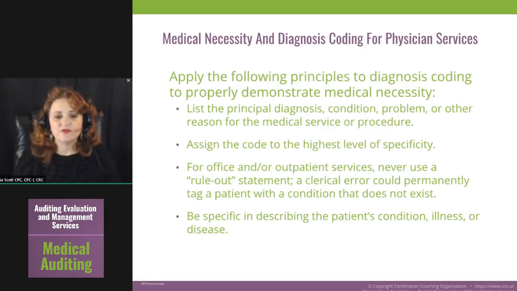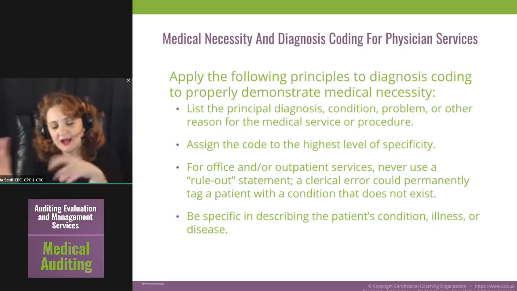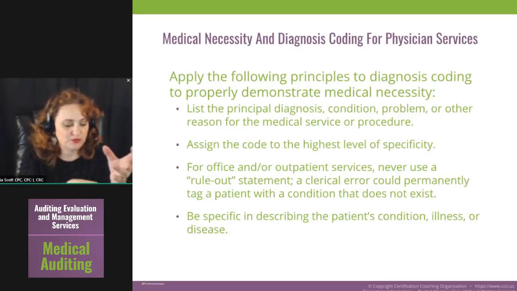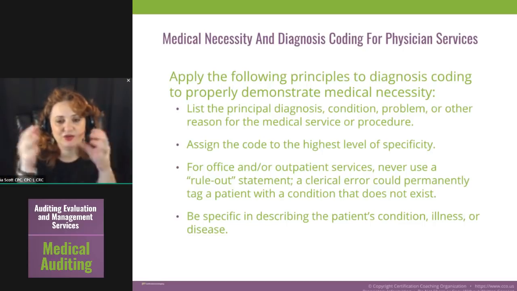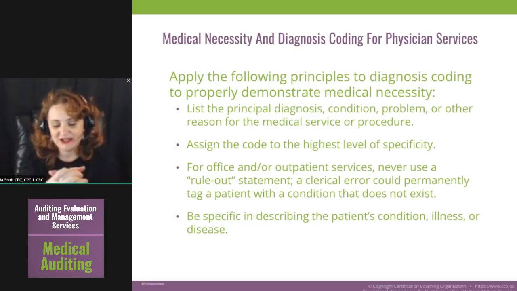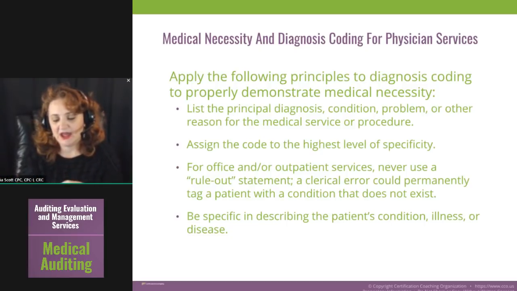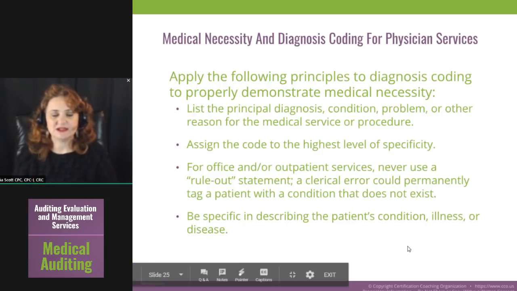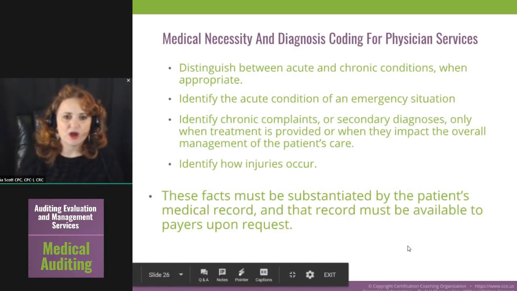We need to make sure that we're very, very specific when we are documenting the patient's condition, illness, or disease. Now, when I say we're doing that, I'm meaning that when your provider is doing that and you're reading it, and again, you're giving an opinion to that provider, right? So that's what we want to see in the documentation when we're auditing.